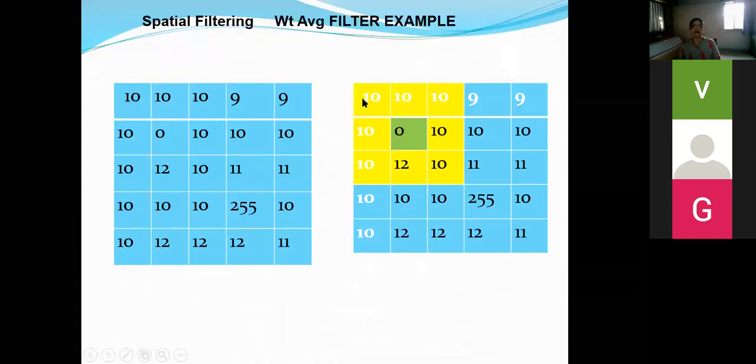So let us consider the same image again. And now apply the weighted average filter on this image. Again, we are going to simply consider the central 3 by 3 region, so that we need not make any assumption for unavailable data. So we are skipping the first row, last row, the first column, last column, and we are going to determine new values only for this particular central 3 by 3 region.